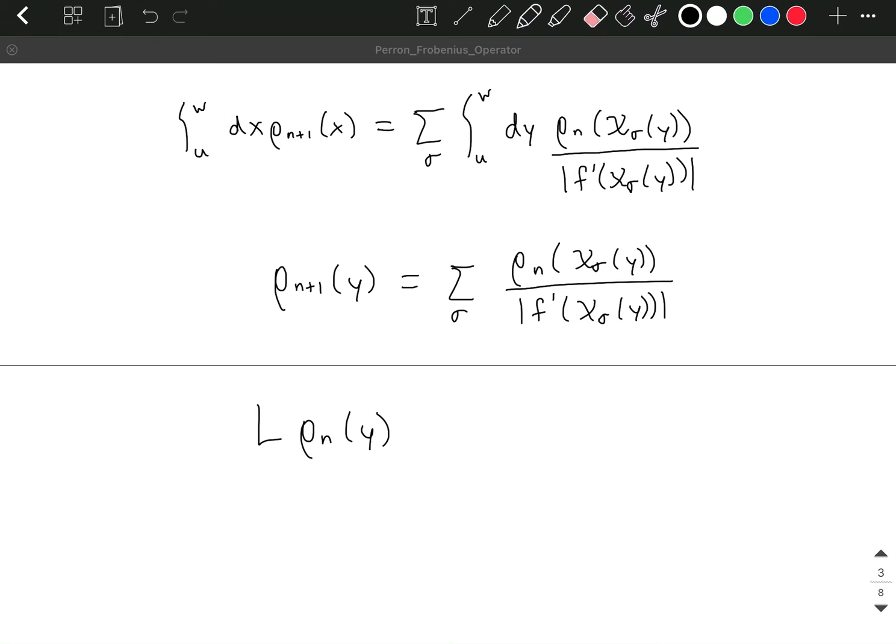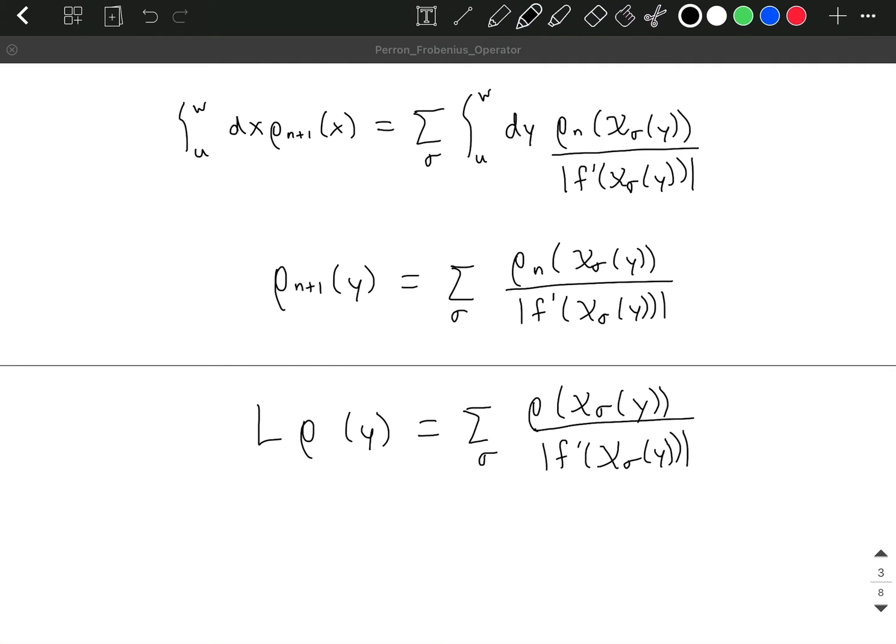We'll drop the subscript n since it will also be found on the right-hand side of the equation, and thus we don't need to differentiate between the two probability distributions. So again, rewriting the right-hand side, we now have an explicit expression for the Perron-Frobenius operator.